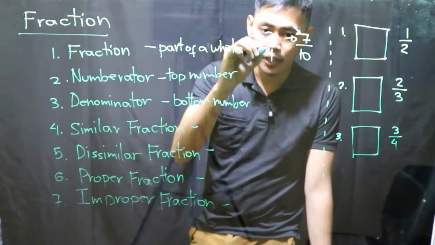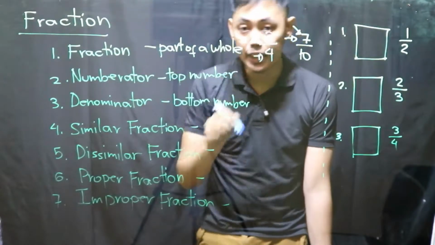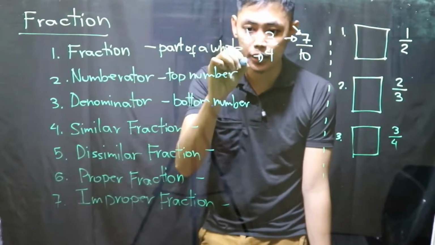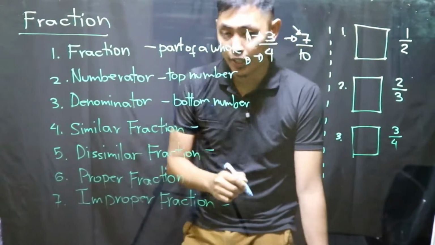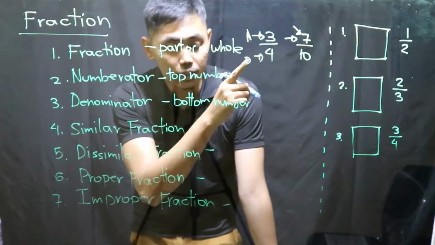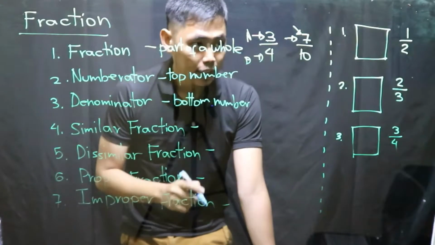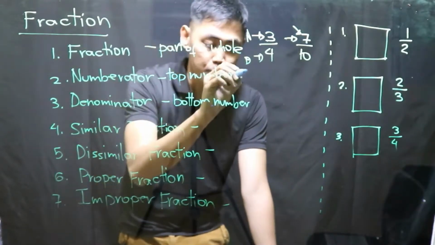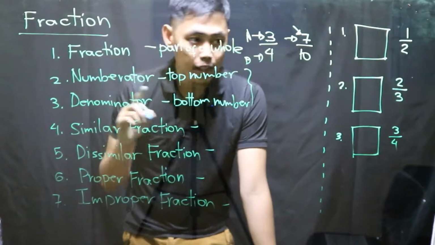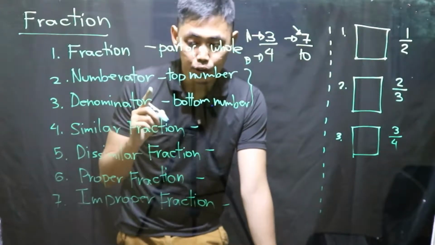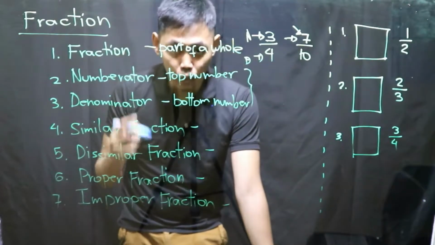So 3 over 4: 4 is the denominator. This is the numerator, this is the denominator. Now, the relationship between the two is this. The denominator is how many times the whole is divided.